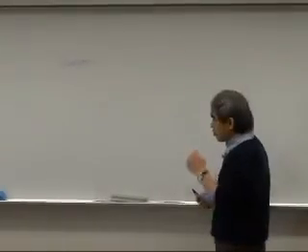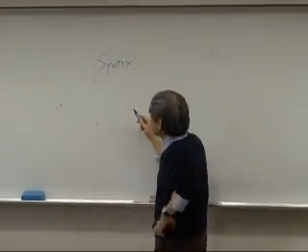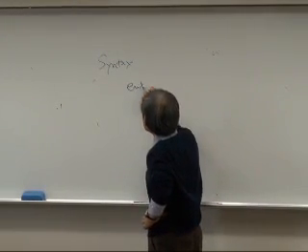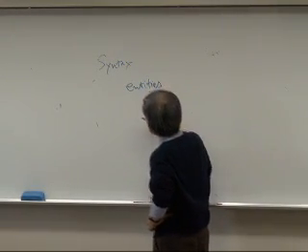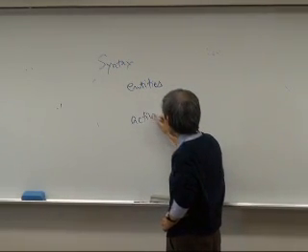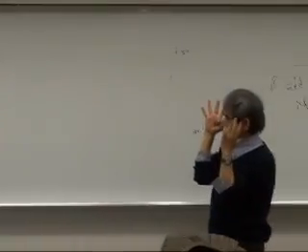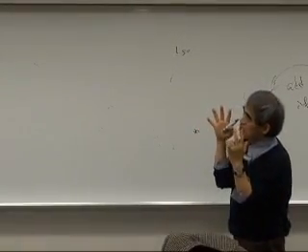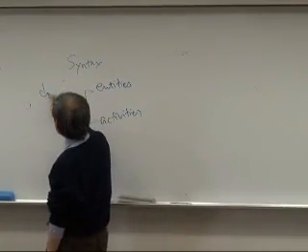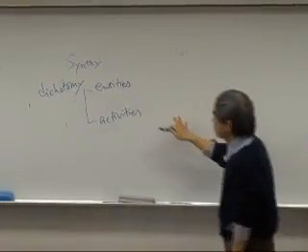For this, there are two things: one is entities, and the other is activities. We usually think in terms of this dichotomy, entities and activities.